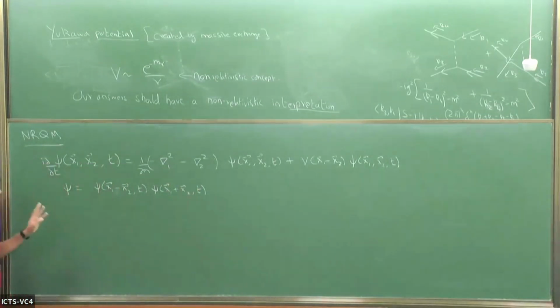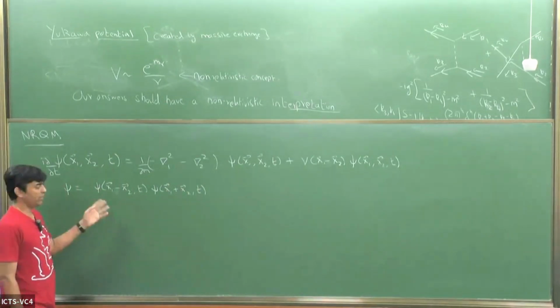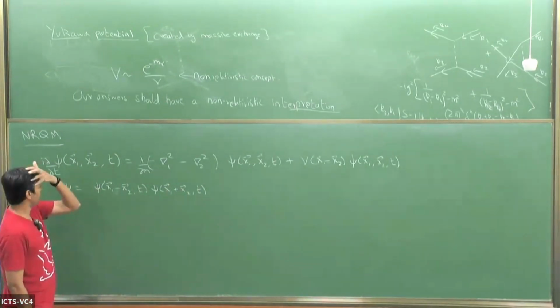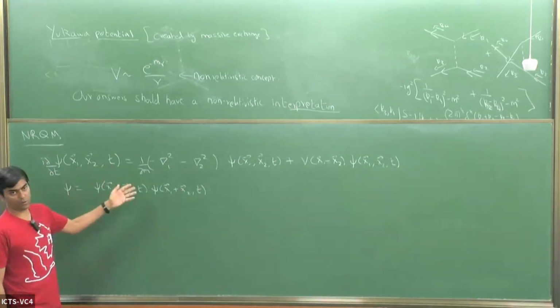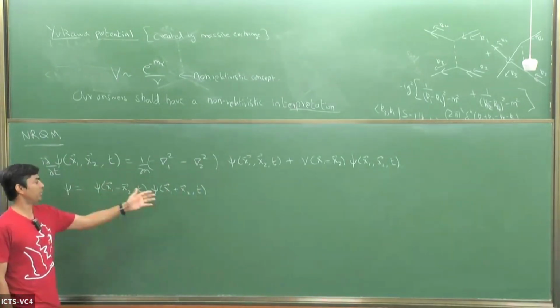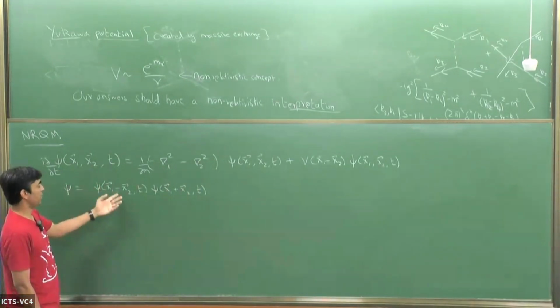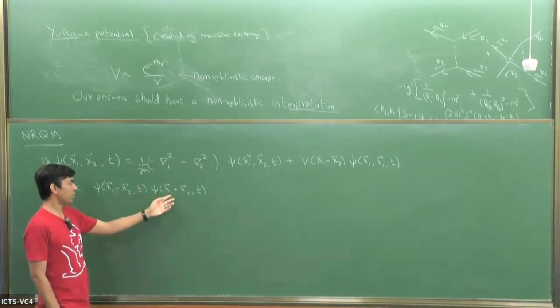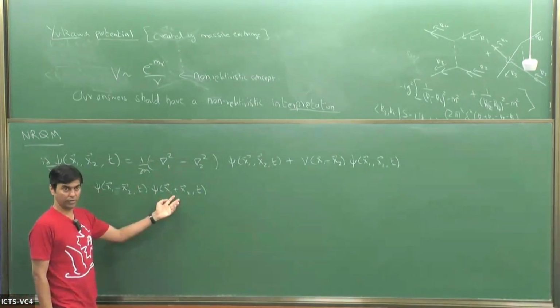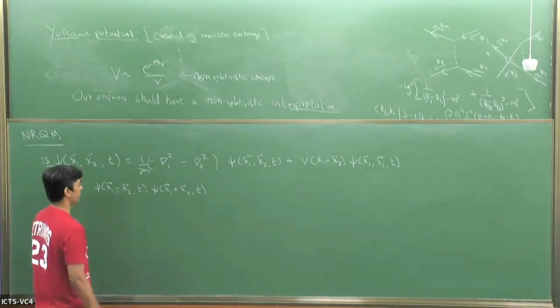Now, this is not the most general solution to this. In general, you could try and take linear combinations of this kind of thing. But the simplest kind of solution you have to this problem is one where you don't have entanglement between this side and this side. And the wave function you can just write as a product of something that depends on the center of mass degree of freedom and this degree of freedom.